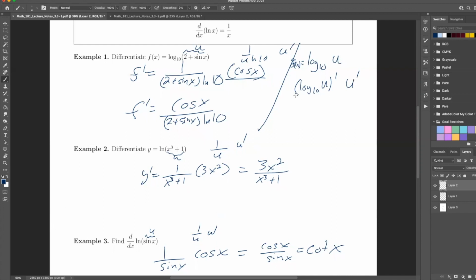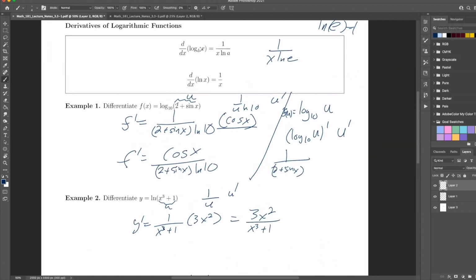With respect to u, well, u is 2 plus sine x. So it would be 2 plus sine of x. And then here, since it's log base something, it'll be ln of that something. So here I get ln of 10. And then I have to take my prime. The derivative of 2 is 0, and the derivative of sine is cosine.